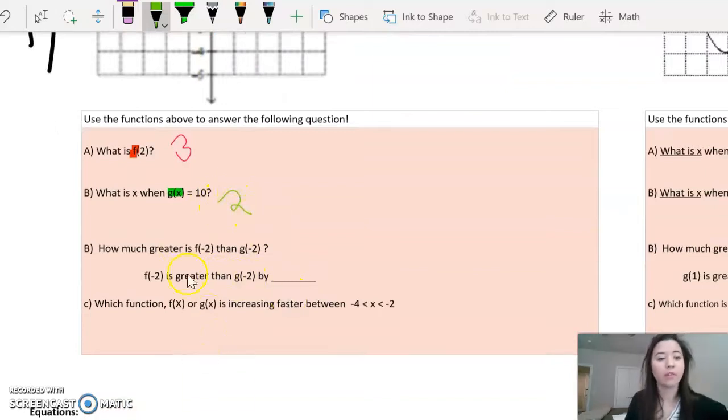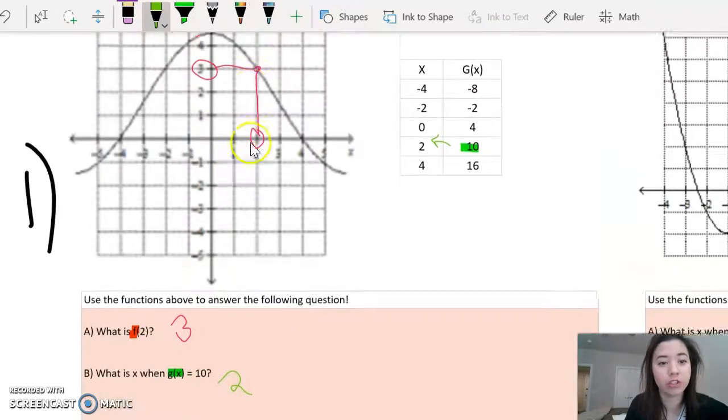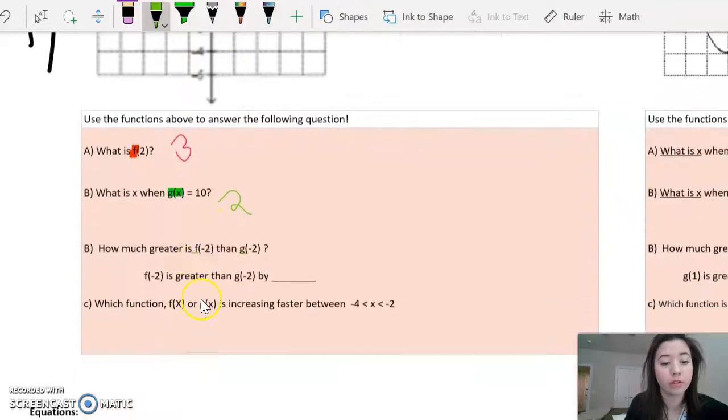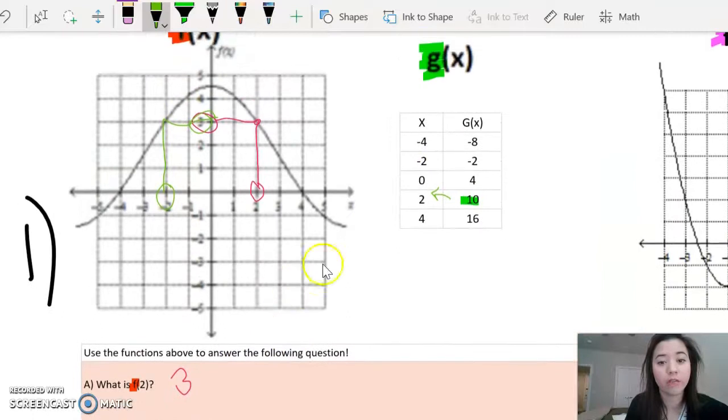Now I say, how much greater is f of negative 2 than g of negative 2? This means I'm going to look at when x is negative 2 on both functions, and then compare which one is greater and by how much. f of negative 2 is negative 3. g of negative 2, again that means x is negative 2, and the answer was negative 2.